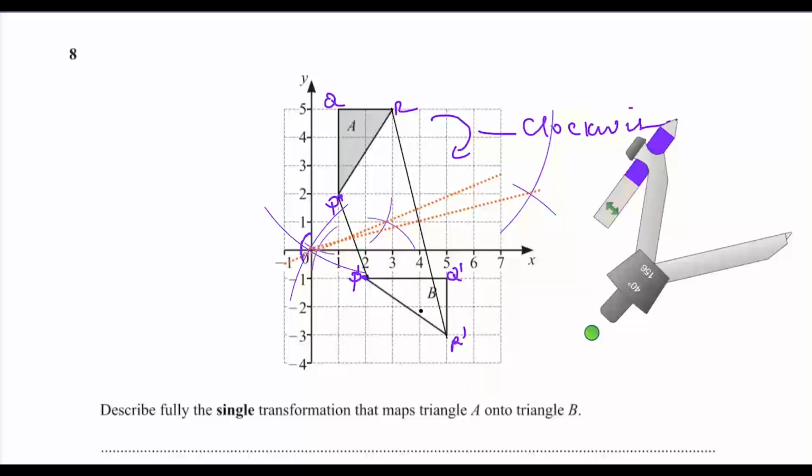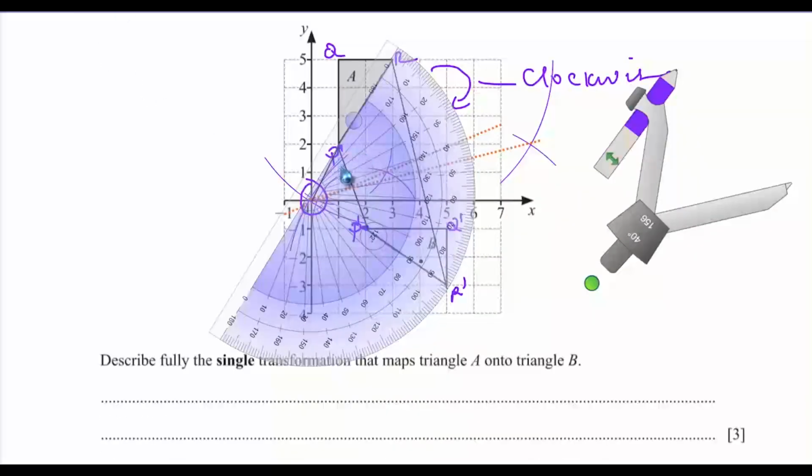So that means the center of rotation is the origin, that is x equals 0 and y equals 0. The next thing we need to do is to get the angle of rotation. To do this, we draw a line from the center of rotation to the object and see how the point moves towards the image. Okay, so let's draw a line from point P to the origin.